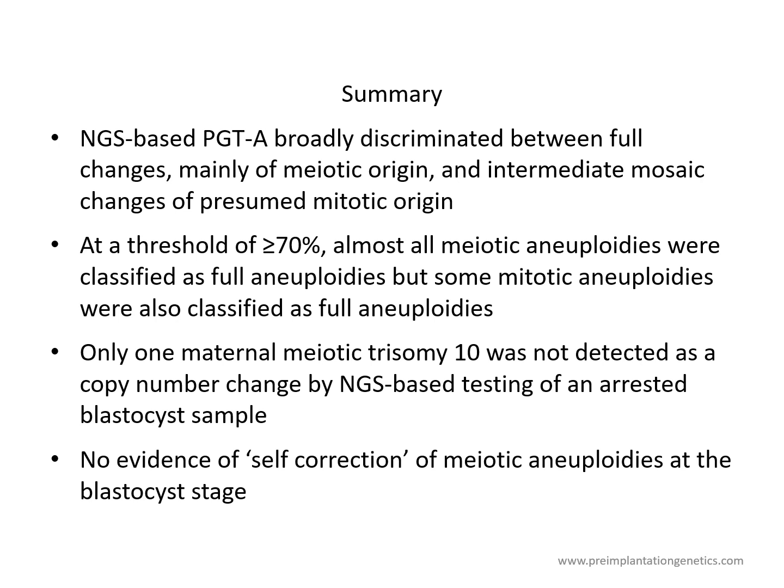All of the other meiotic aneuploidies, maternal aneuploidies, detected in the polar bodies did result in copy number changes in the trophectoderm, all of which, barring 1, were classified as greater than 70%.